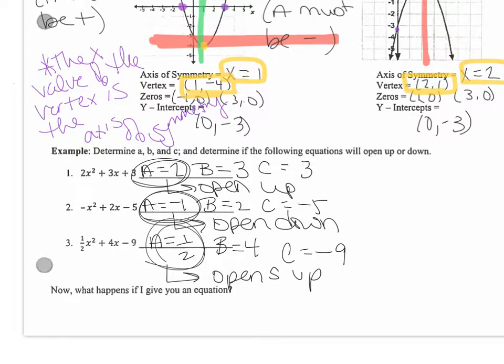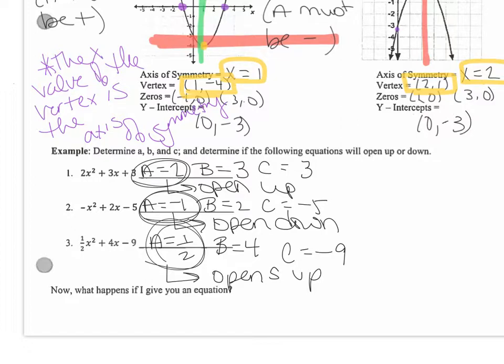So hopefully you're okay with determining whether it opens up or it opens down. It doesn't even matter what B and C are. All that matters is that your leading coefficient, that A, is positive for it to open up, or A is negative for it to open down. So if I just give you an equation and I go, okay, great, graph this parabola, life's going to be a little bit trickier.